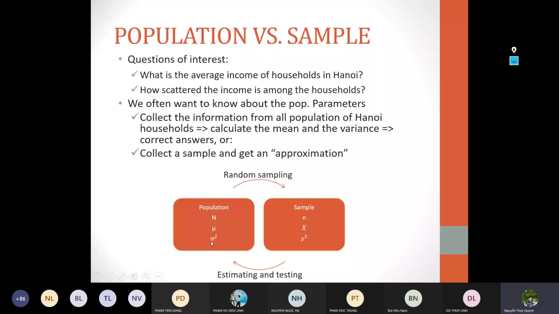We cannot calculate the exact value of those population parameters. We just get an approximation of them by using the statistics from the sample. That process is called statistical inference, which we talked about in the previous lectures.